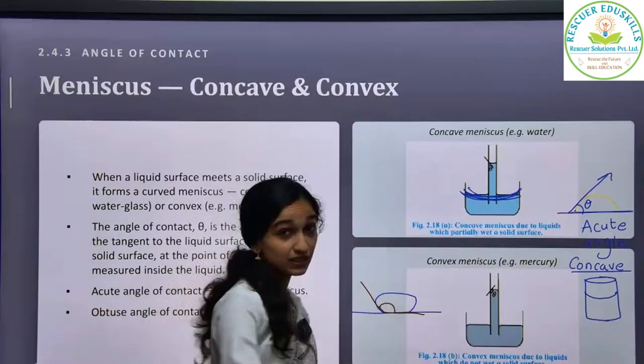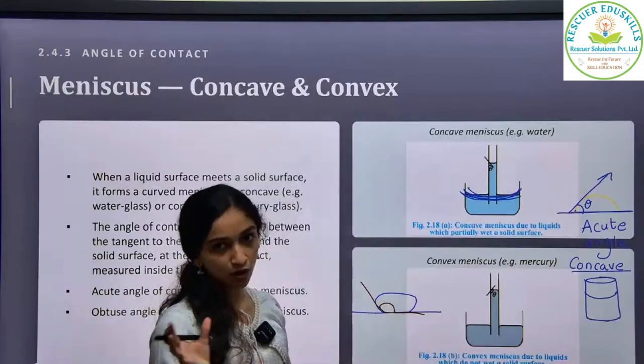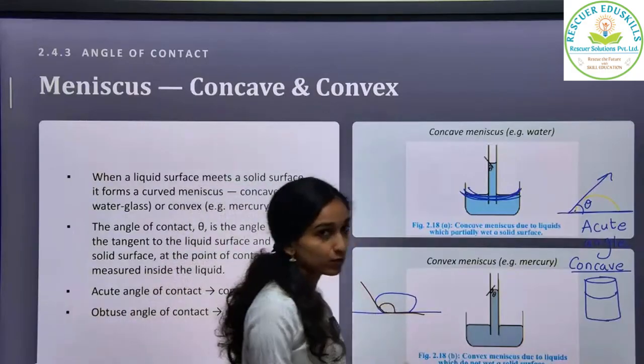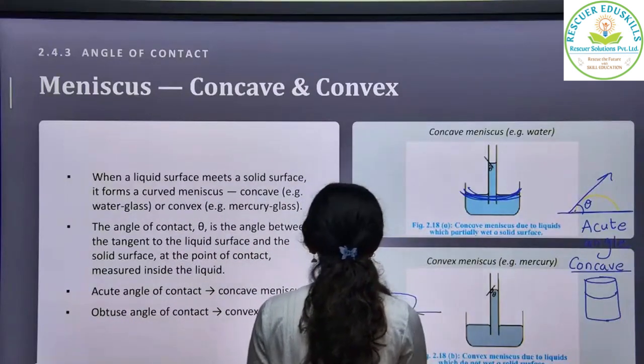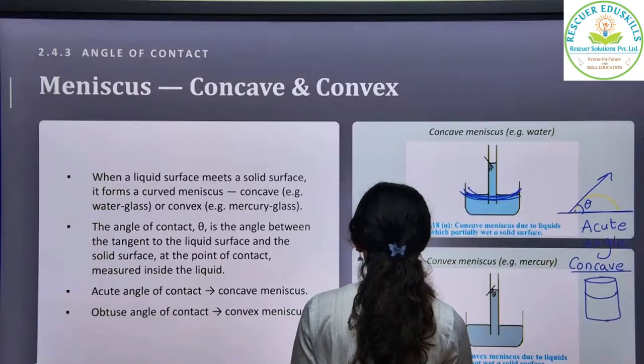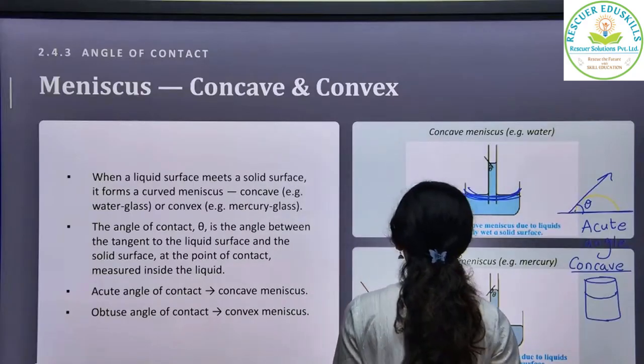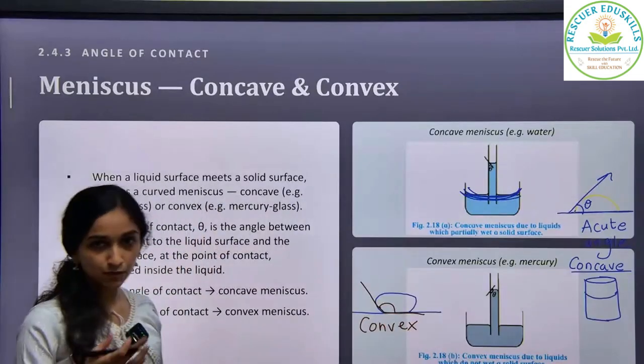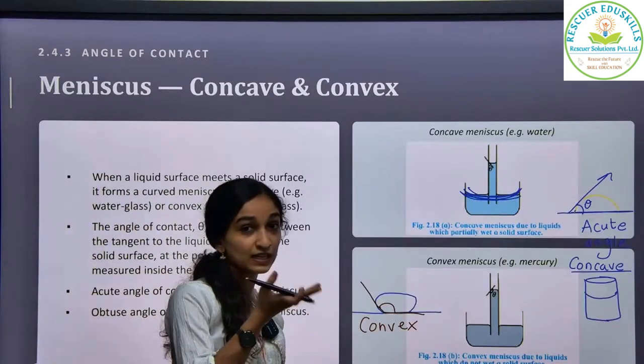And when the angle between the surface and the liquid is obtuse, then the meniscus will be convex. So this mercury drop appears like it is elevated from the surface.